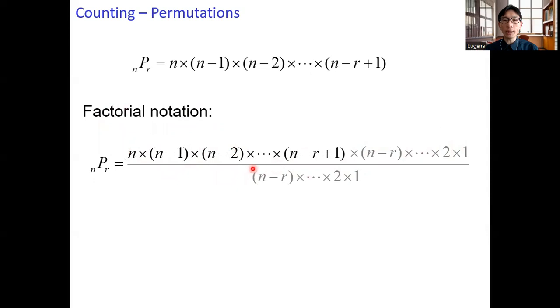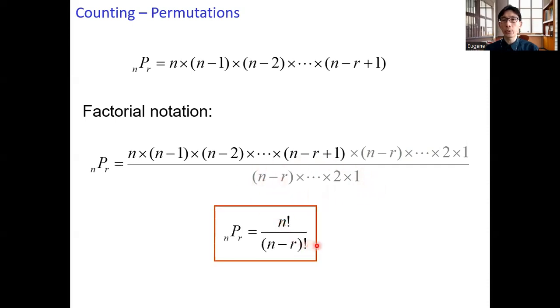And then in the denominator, we get n minus r by n minus r minus 1 by 2 by 1, which is equivalent to n minus r factorial. So using factorial notation, nPr is equal to n factorial divided by n minus r factorial.